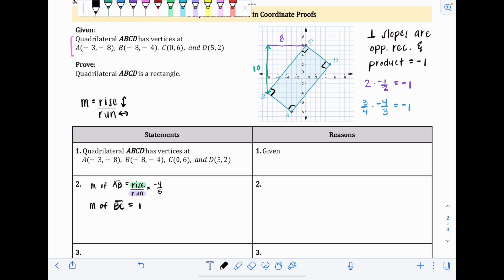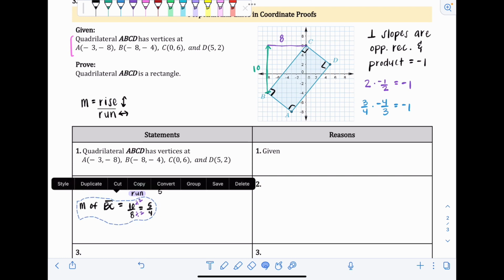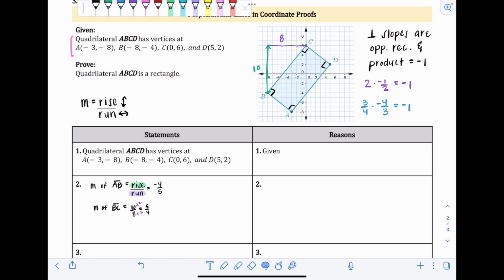The rise was 10, the run was 8. If you have a fraction and you can reduce it, you should. 10 and 8 are both divisible by 2, so if I reduce by dividing both by 2, that would turn into 5/4. So it looks like we're on the right track because those are opposite reciprocals. We'll eventually prove that they have a product of -1, but so far so good.